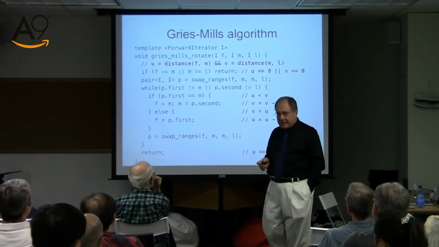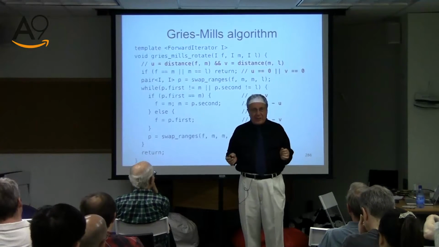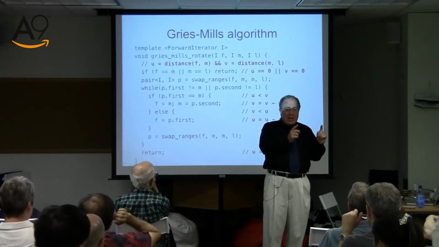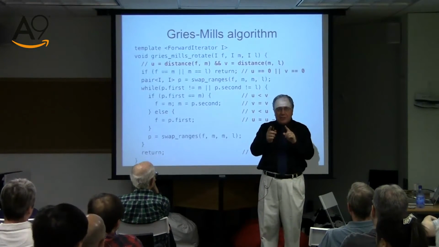So these two guys from very different parts of computer science designed this fabulous algorithm for rotation, the Gries-Mills algorithm. What's the idea? The idea is pretty simple. We have FM and ML, and we want to interchange them. Let us, just for the argument's sake, assume that FM is shorter than ML. Then we will do the following. We will interchange, do swap ranges, till we can.